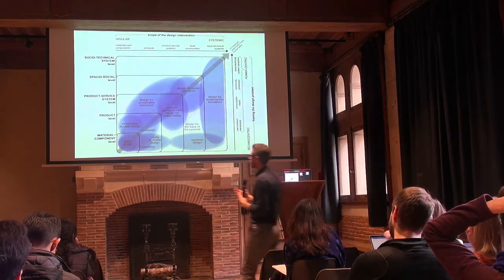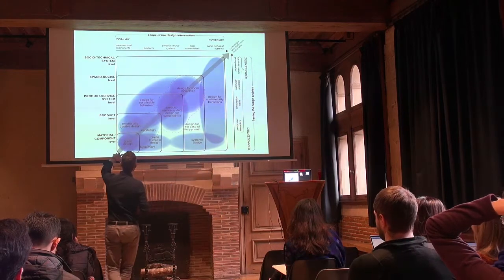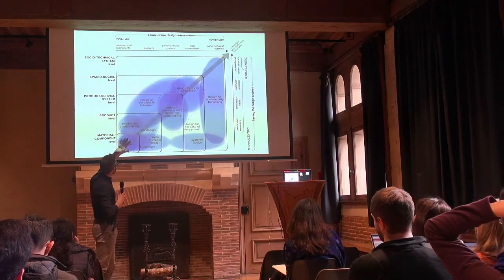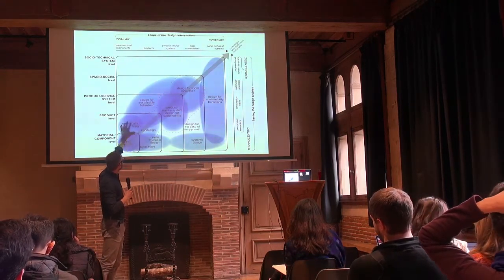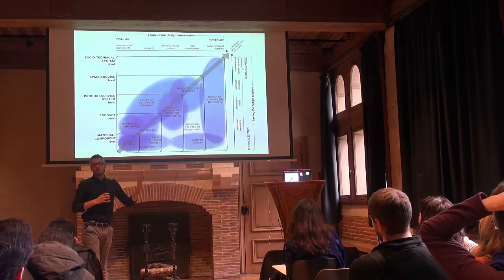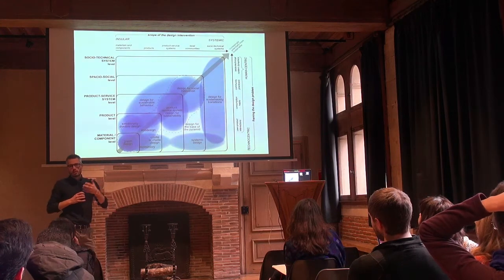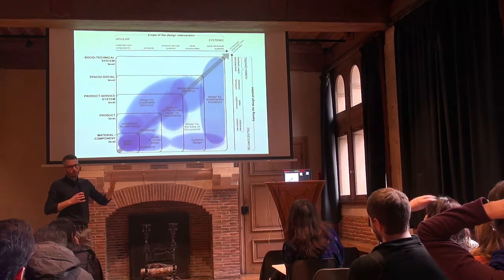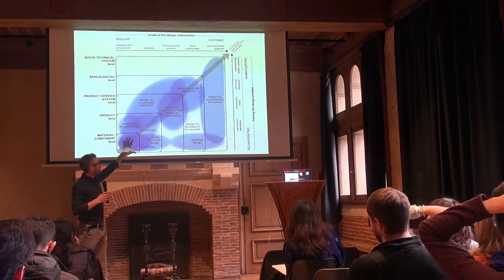Just to give you some examples, we can see how eco-design, cradle-to-cradle, emotionally durable design, and sustainable behavior complement each other. They address different problems from different angles at the product level.